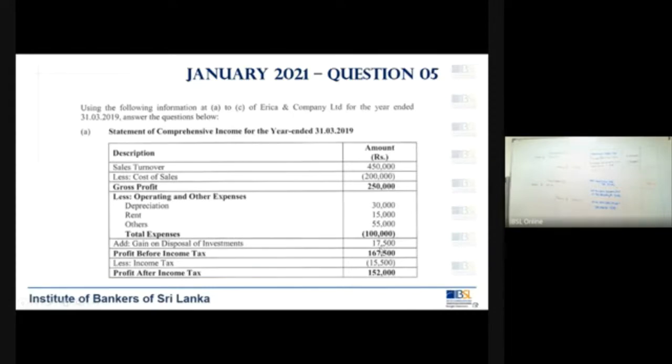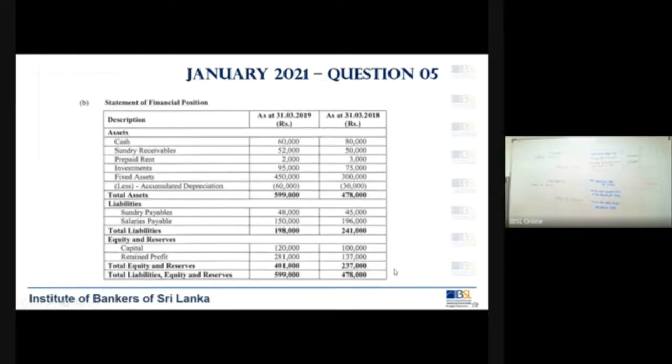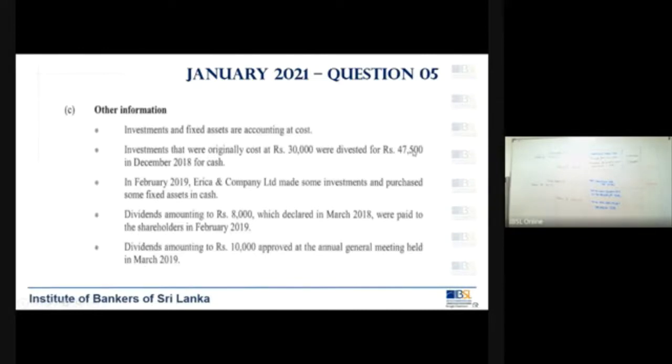Under adjustments, we need to remove this 17,500, and then you need to bring in the 47,500. So you have to be very careful in the adjustments that you do and what you bring in.